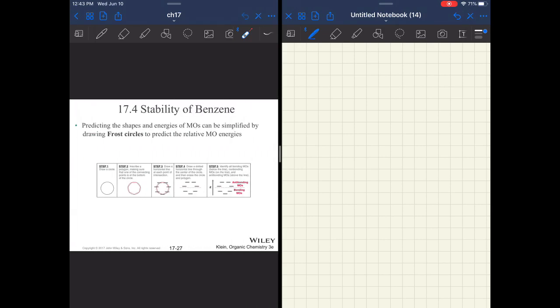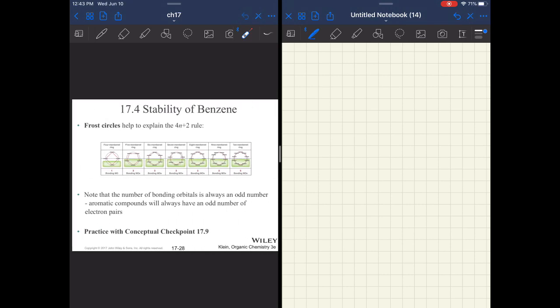Now, if you are having any trouble with drawing these Frost circles for different ring sizes, there are some notes here. So you can pause, take some notes. I don't ever draw the circle or the polygon, but if that helps you, by all means, do it. Slide 27 here. You can come back to that.